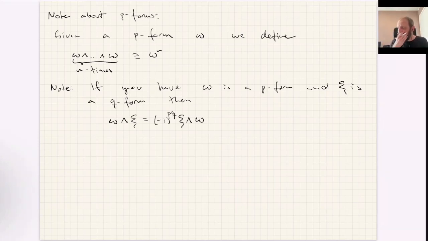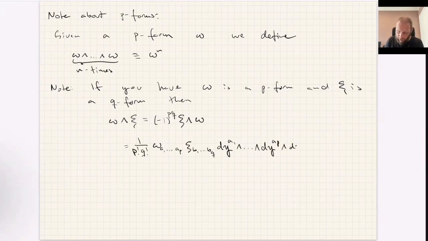And you can see this if you essentially write it down, this wedge, right? So let me do that. This would be equal to 1 over p factorial q factorial, then omega a1 up to ap, psi b1 up to bq, and then you would have all of these, the dy a1 wedge up to dy ap, and then the dy b1 all the way up to dy bq, right?